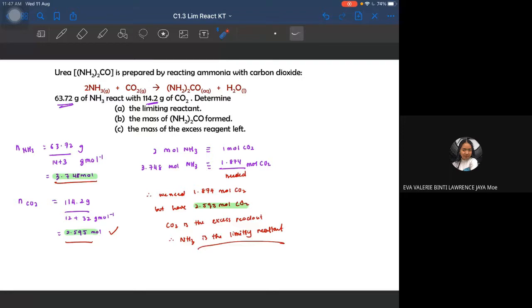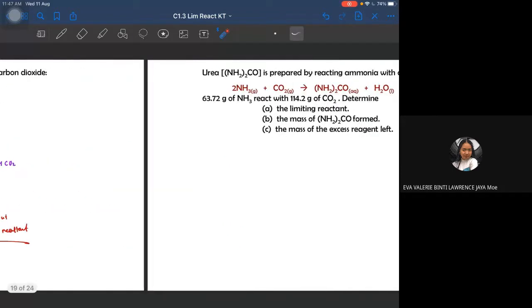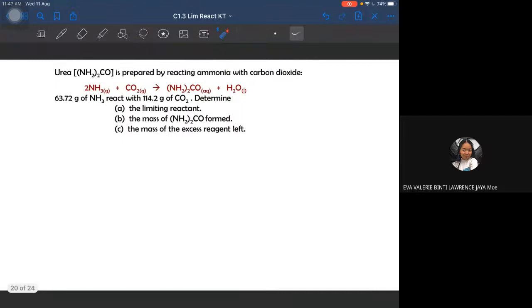Okay, so the mass of urea formed, we can do a comparison.